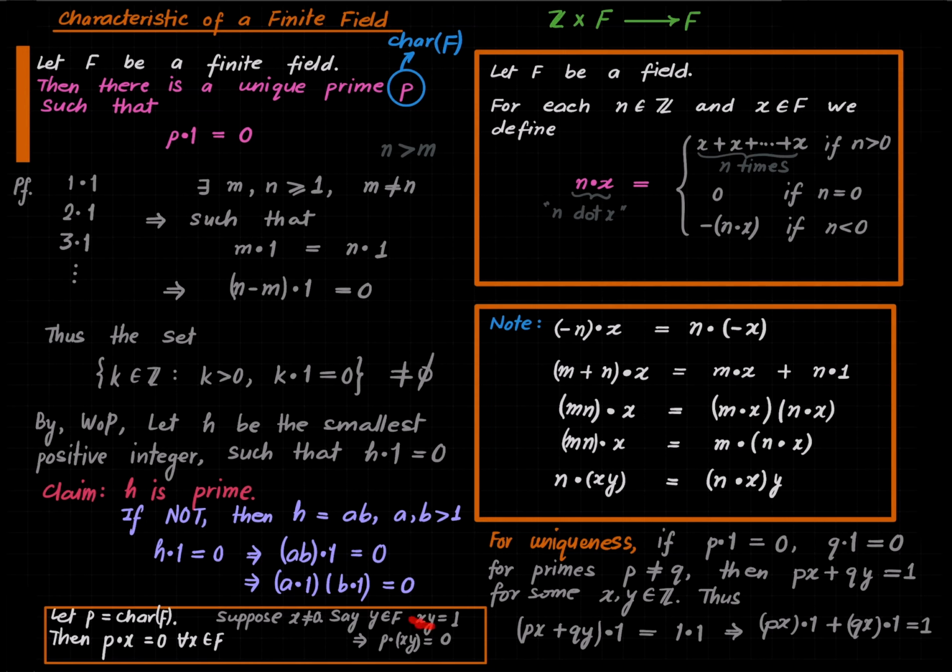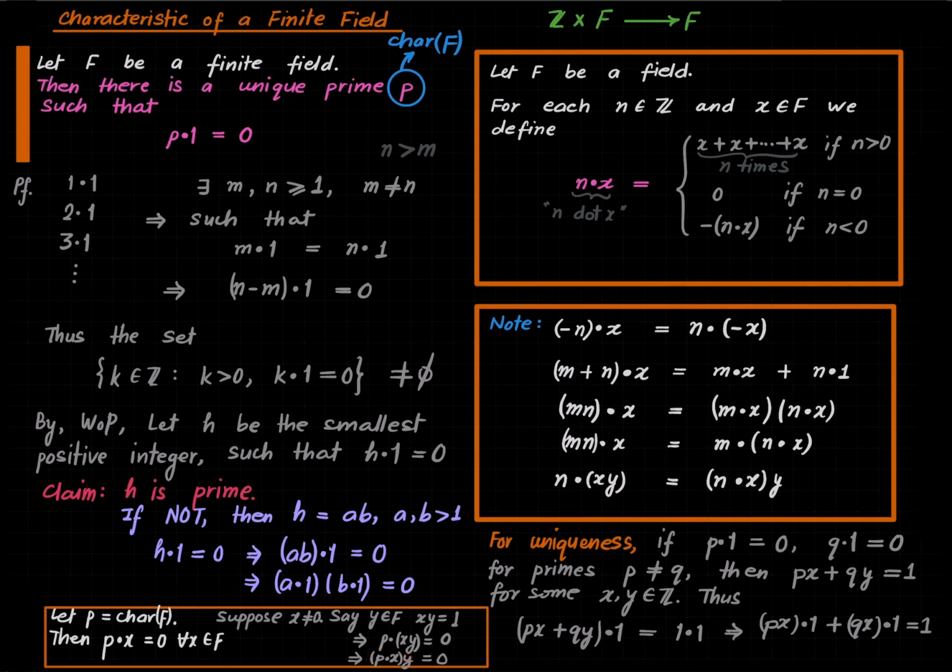All we are doing is dotting with p on both sides. But this p dot xy we will write as p dot x times y. Right? The left hand side we are writing like this. I'm just using this property. And therefore p dot x must be 0 because y is non-zero.